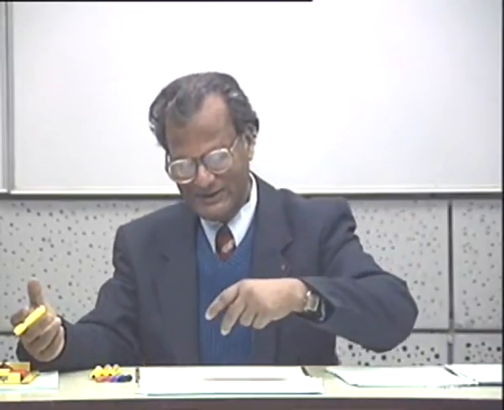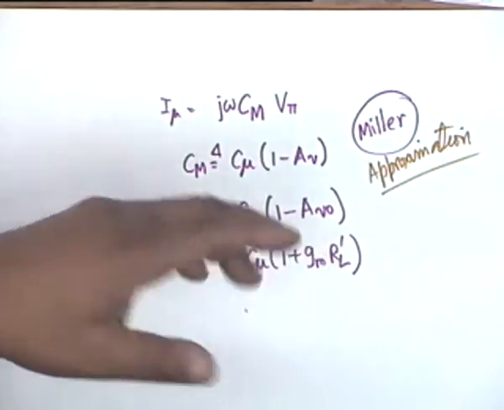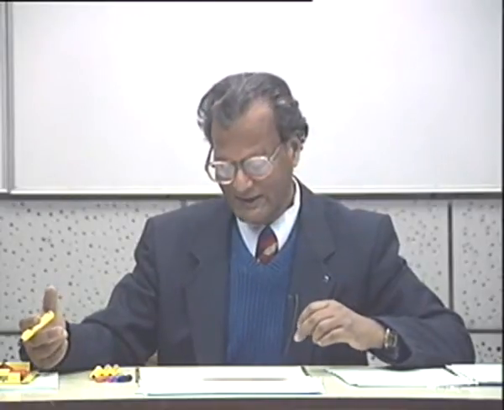The results obtained with this approximation, which is the end product, compare very favorably with exact analysis, and therefore don't ask for any more justification. The only justification is that if you assume this, then the circuit becomes absolutely simplified, and the results that we get from this simplified circuit compare very favorably, with not more than 10% deviation, even in the worst case. And therefore, Miller became a hero overnight.